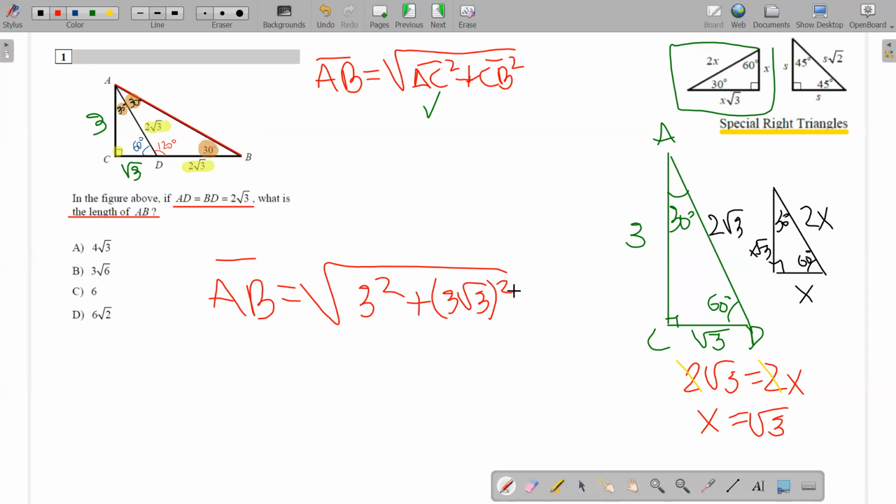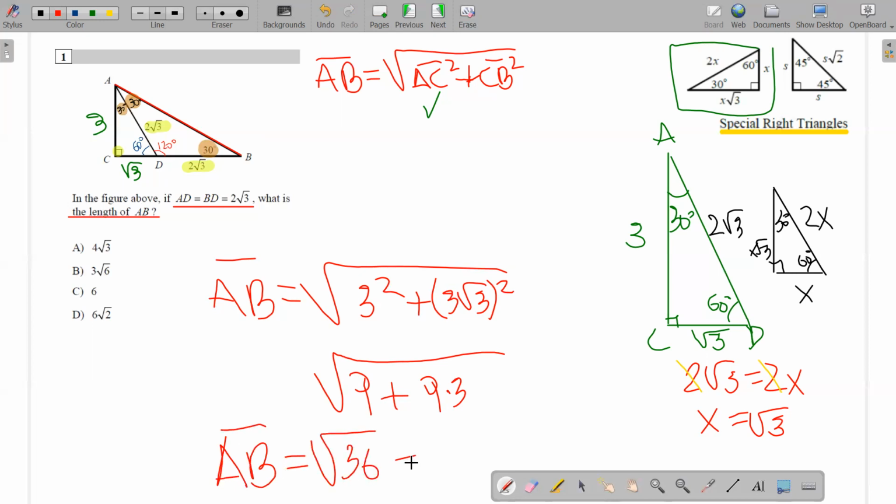Now we can find the measurement of AB, which will be 9 plus 9 times 3. So it would be 9 by 3, 27, plus 9, 36, which means AB is going to be equal to square root of 36, which is 6.